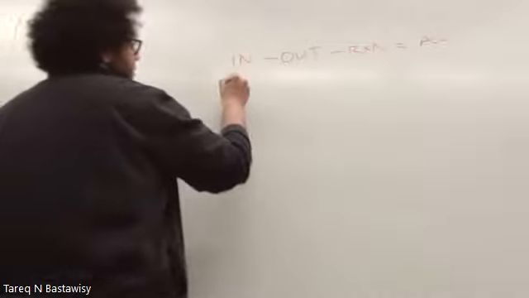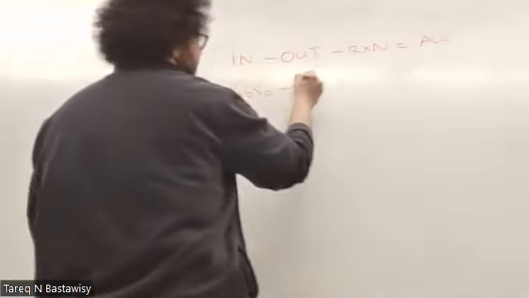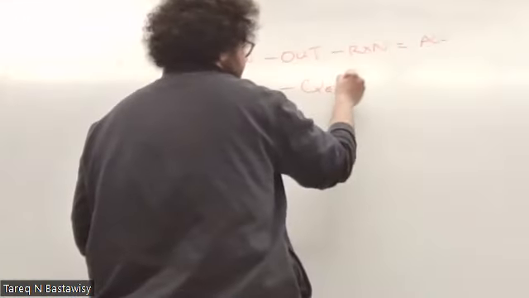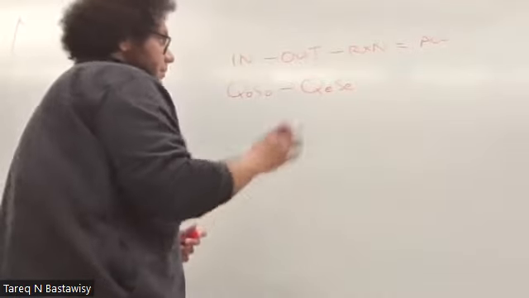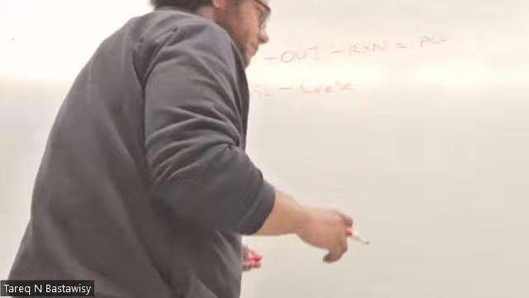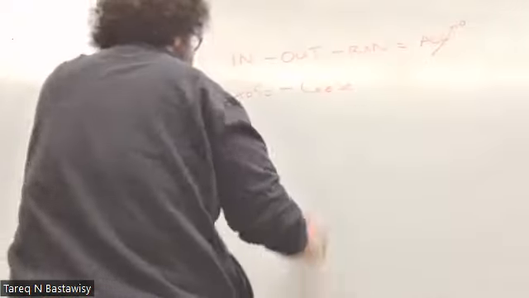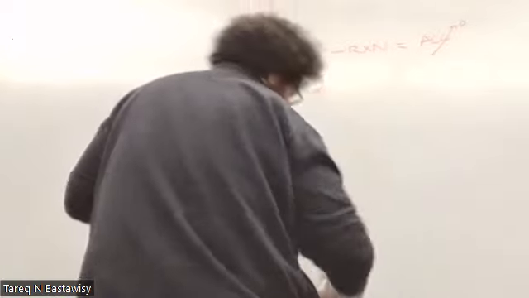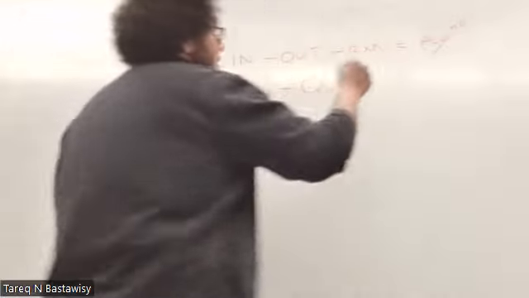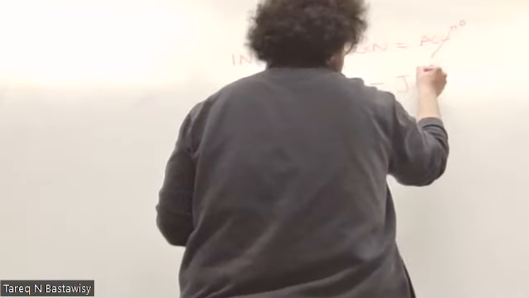Your in is going to be your Q naught S naught, the washout. Your out is going to be Q E S E. The Q's are equal because we're assuming steady state. So it's Q naught S E. And then minus the reaction, which is J times A.